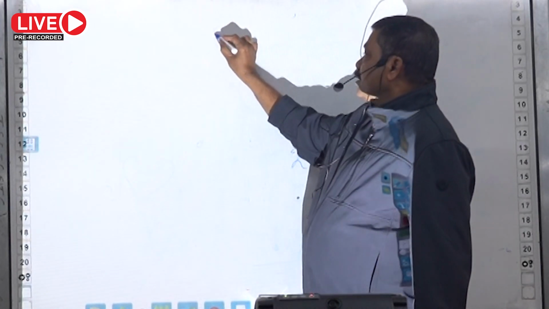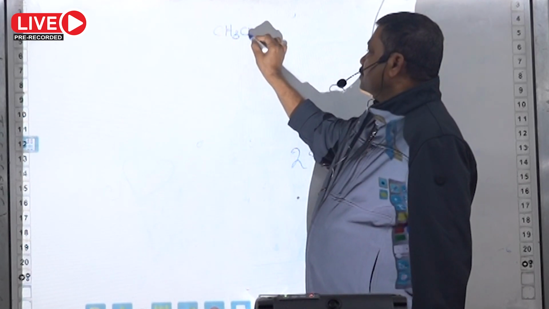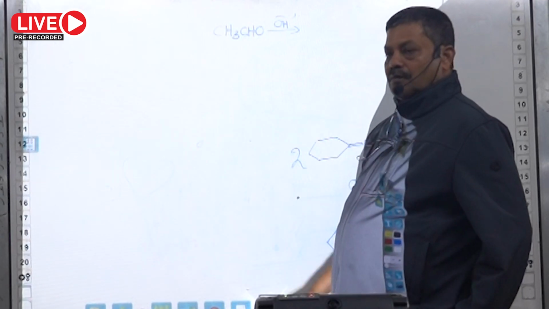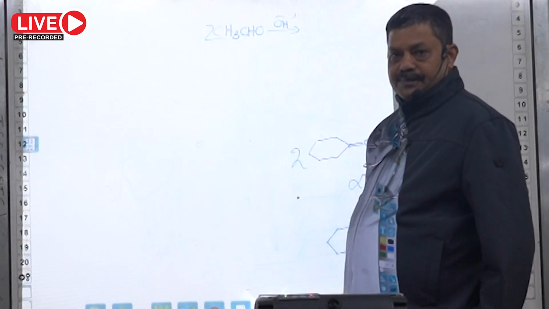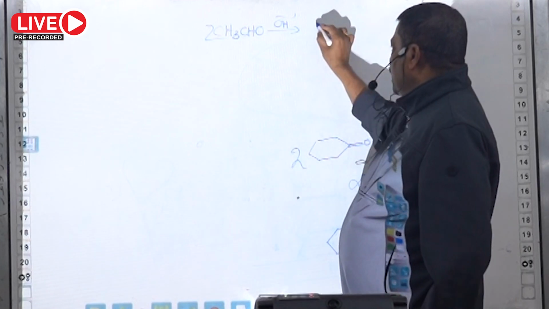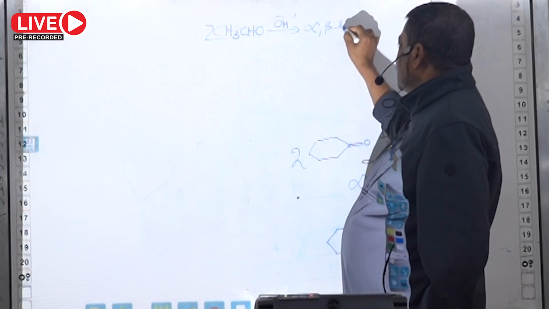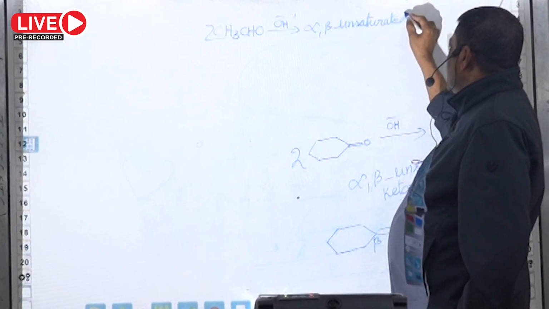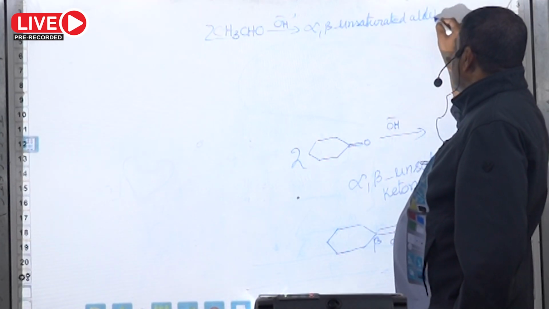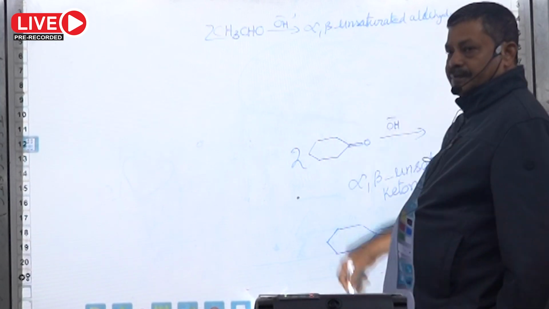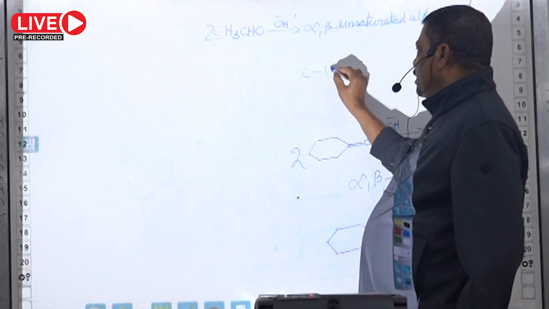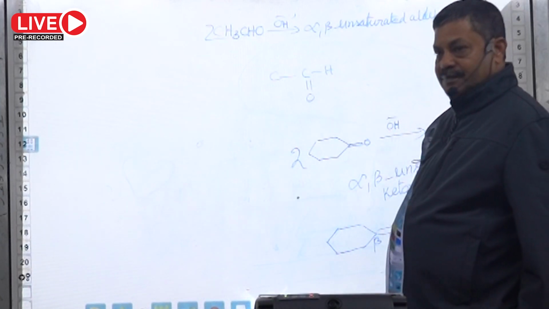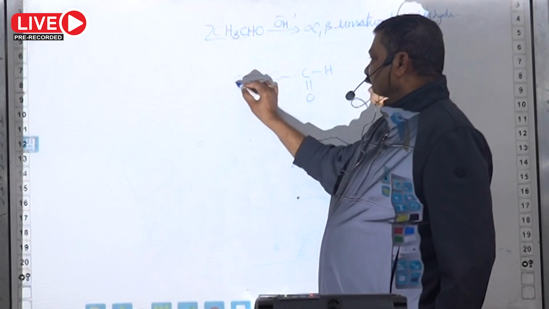So the acetaldehyde I have written. Aldol condensation, 2 moles participate. What is the product? Alpha, beta unsaturated aldehyde. Means the aldehyde group should be there. Adjacent carbon is alpha. The adjacent carbon is beta.